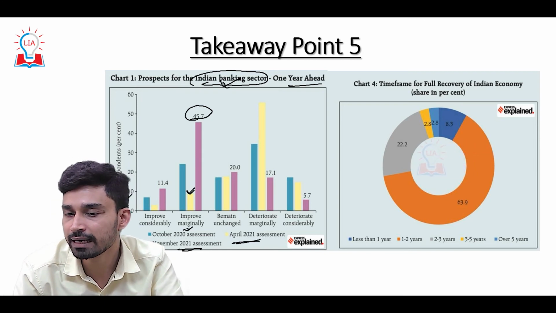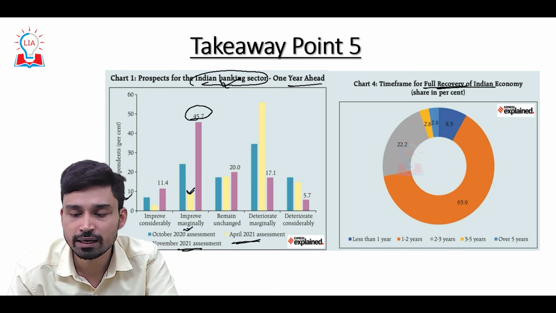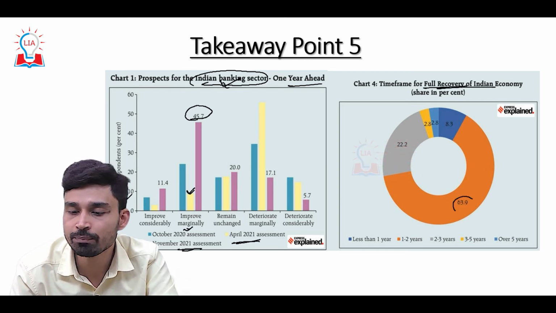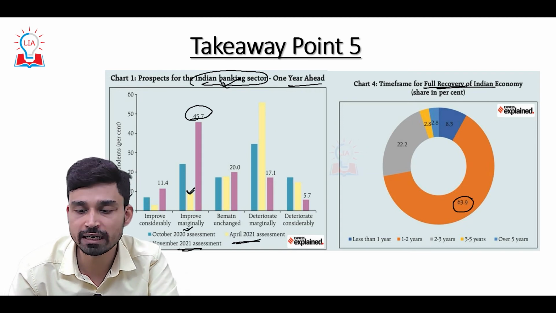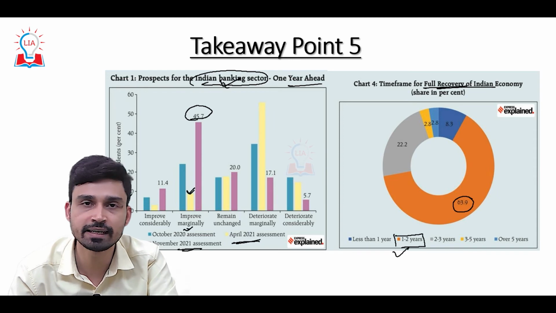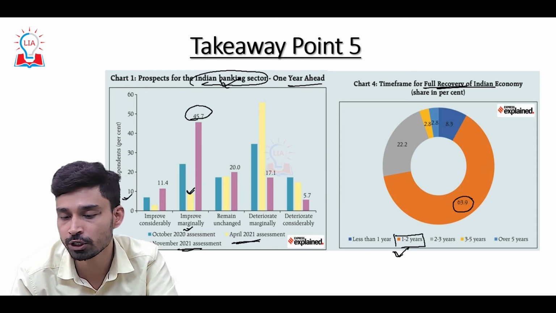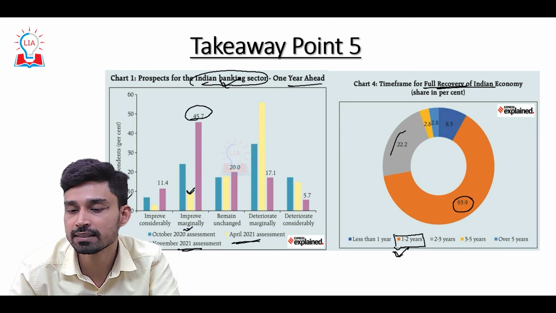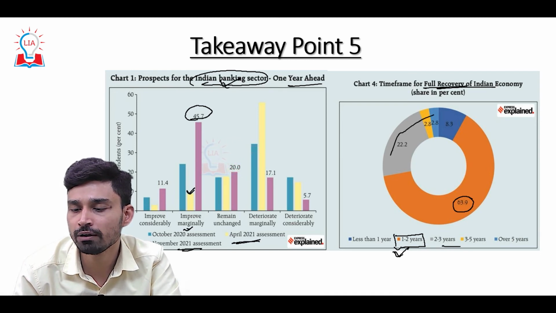Similarly, if you look at the time frame for full recovery of the Indian economy, about 63.9% of respondents believe that the Indian economy will recover to its fullest extent, that means the pre-COVID situation, within a time frame of 1 to 2 years, while the other percentages vary from 2 to 3, 3 to 5, and over 5 years.